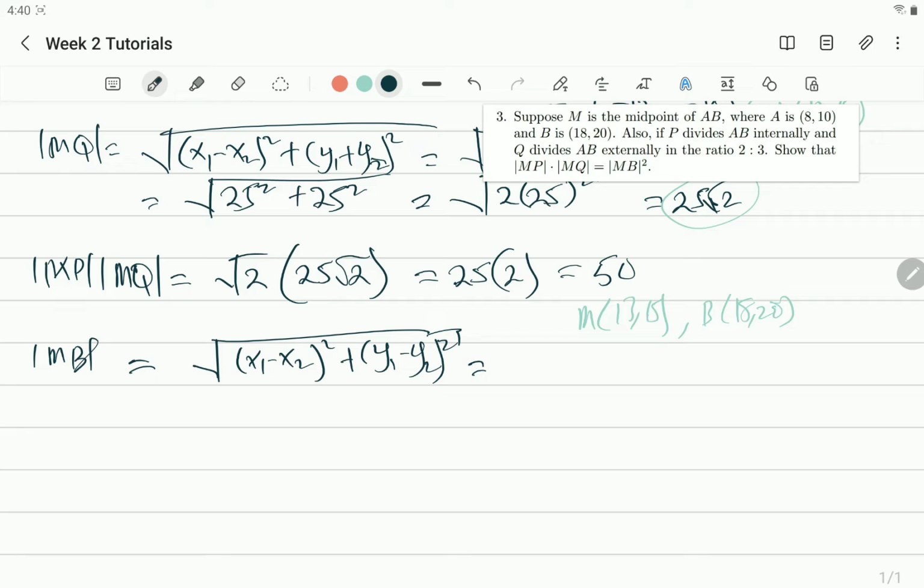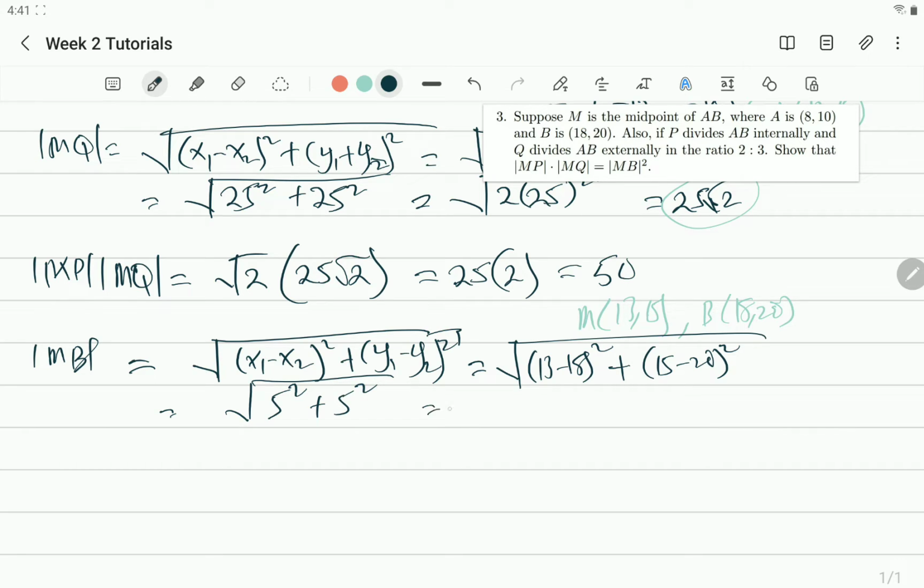With these values, I do the substitution, and that is going to give us 13 minus 18 squared plus 15 minus 20 squared, and that eventually should give us 5 squared plus another 5 squared. We can simplify this just like the other one as 2 times 5 squared, right? And by indices this is going to be 5 root 2.